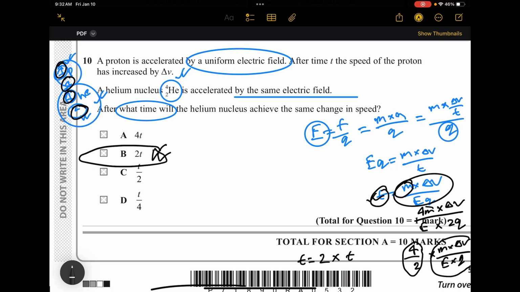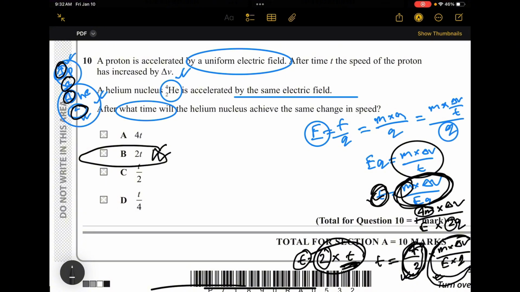So this 4m divided by 2, this 4 divided by 2, is written right here, and all the other parts have been written just as they were. Now what we have figured out is this value is exactly the same as this value, but the difference is only this 4 by 2. So we have written 2 into this time, and this time is the value of the actual time that we are figuring out. So it is 2T.